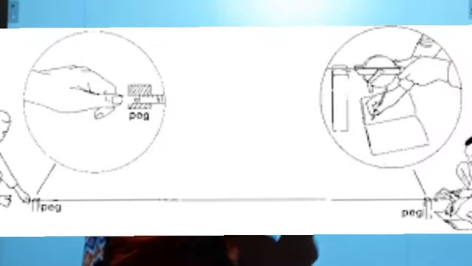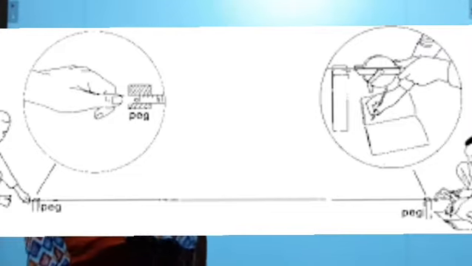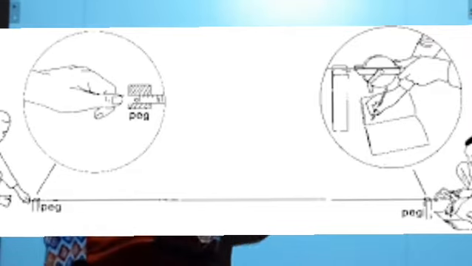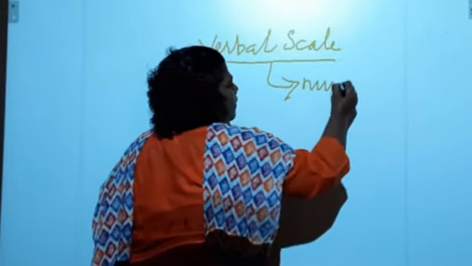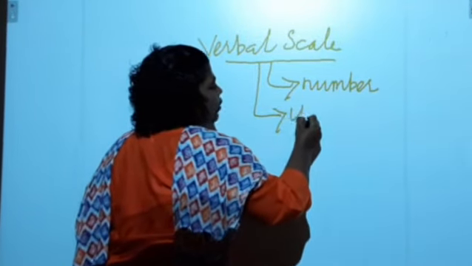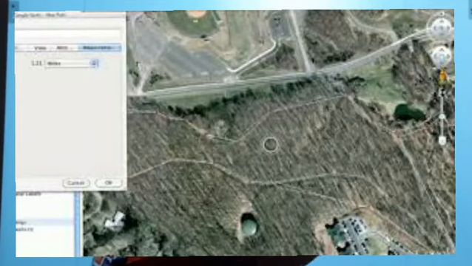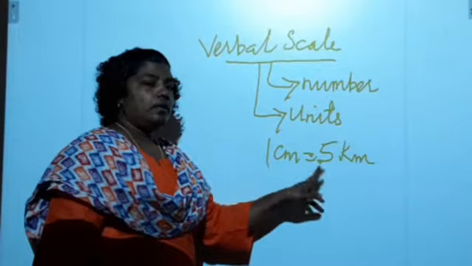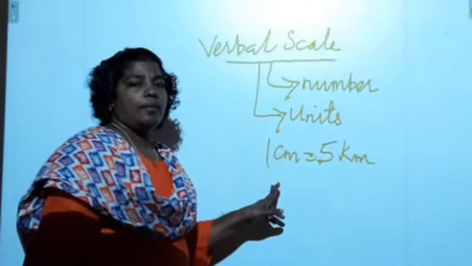It is written in number and it shows the units. Okay. What is this unit? 1 centimeter is equal to 5 kilometers. For example, 5 kilometers on the ground is noted as 1 centimeter on a map.